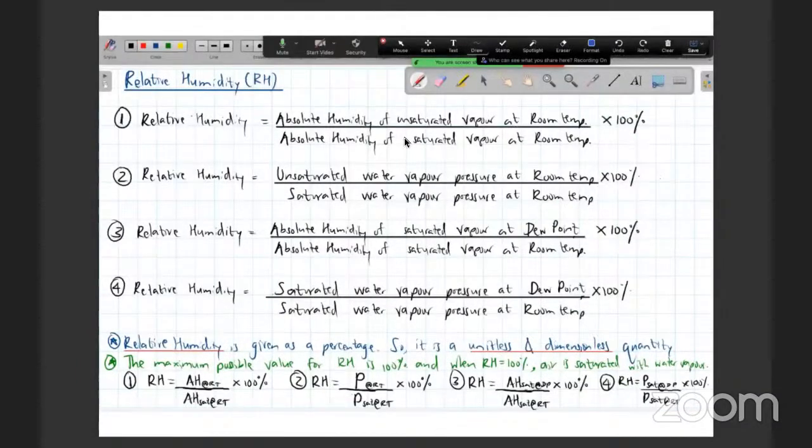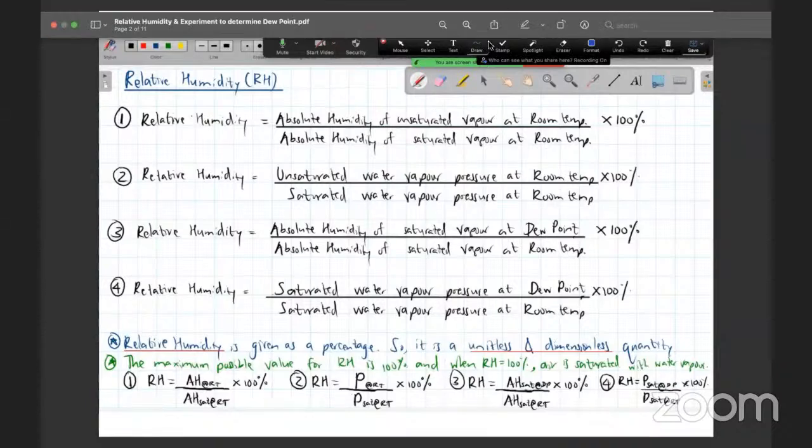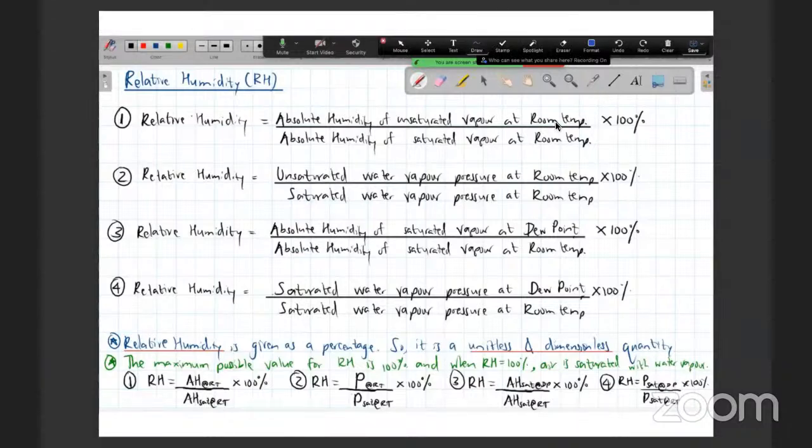Out of those 4, the first equation is relative humidity equal to absolute humidity of unsaturated vapor at room temperature divided by absolute humidity of saturated vapor at room temperature. So when your air is unsaturated, we know it is not completely saturated yet.